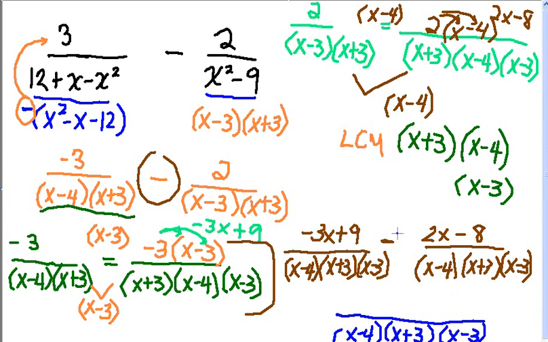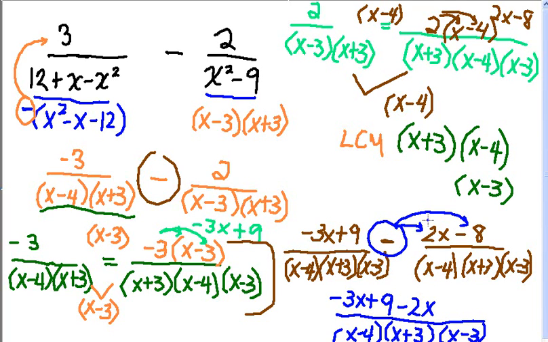The tricky part about subtraction is that I have to make sure that this negative sign is distributed to every term in the numerator. So my answer is going to become minus 3x plus 9. But now I have to distribute this negative sign. So I'm going to have minus 2x, because a negative times 2x gives me a minus 2x.